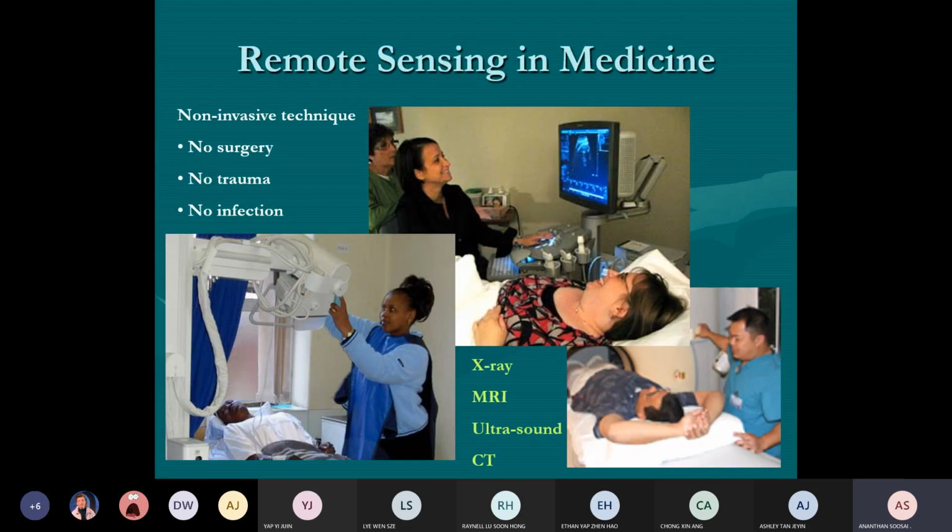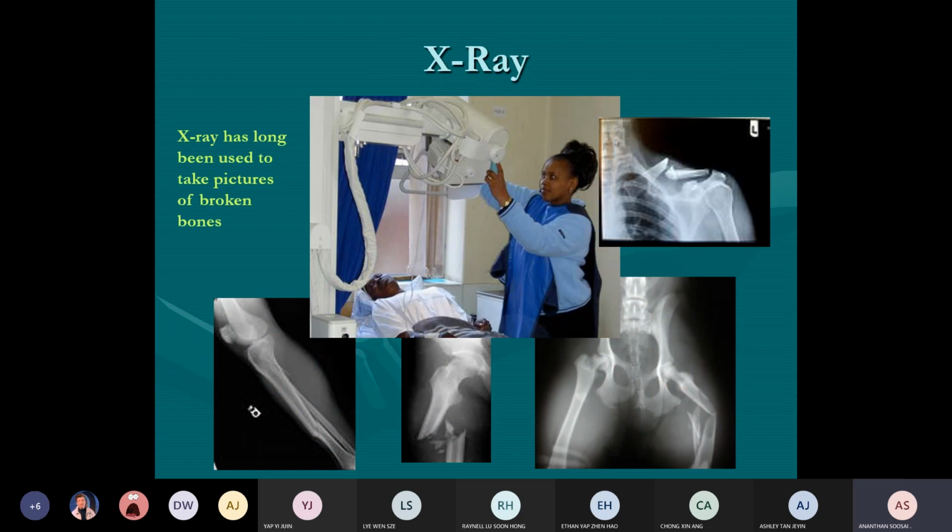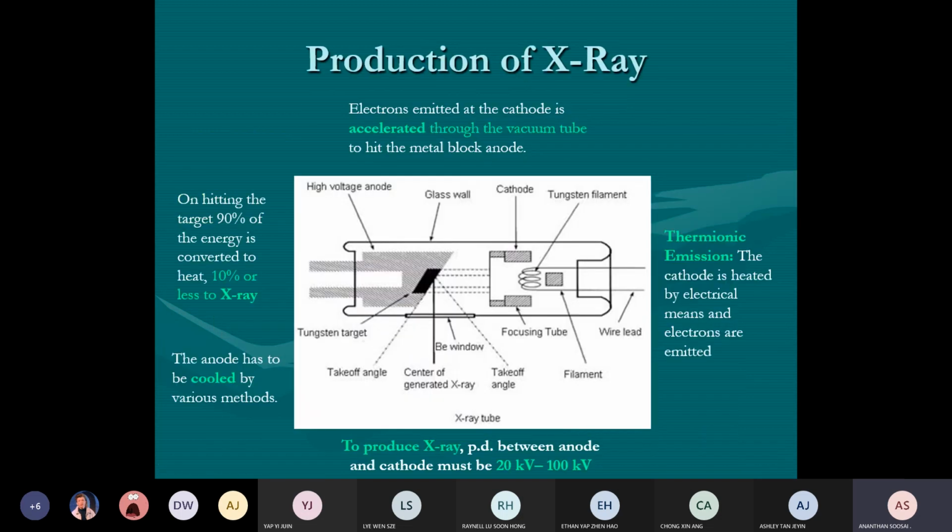Recall what we learned about X-ray. How is X-ray produced? 2 marks. When a high-speed electron is accelerated and bombarded onto a metal surface, the kinetic energy of the electron is converted to X-ray.